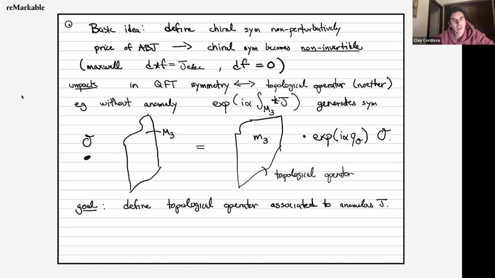You pull off an S3 blob of M3 and surround O. The cost of shrinking that 3-sphere onto O is this phase, and the rest stays the same. Okay, thanks. These kinds of Ward identities are quite natural. People sometimes write very similar things in conformal field theory.